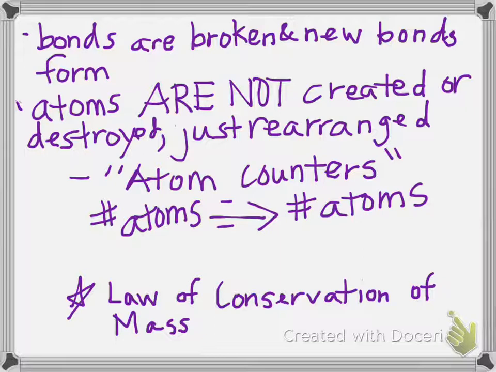So again, all chemical reactions involve changing substances. In a chemical reaction, bonds are broken and new bonds form. Atoms are not created or destroyed, they are just rearranged. You are going to become atom counters, and you're going to count and see that the number of atoms on the reactant side of an equation is equal to the number of atoms on the product side of an equation, and that's because of the law of conservation of mass.